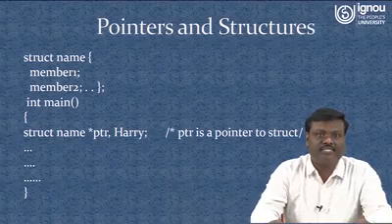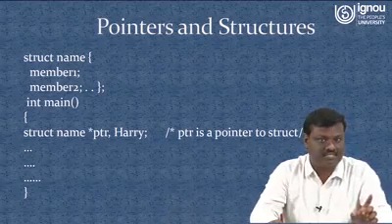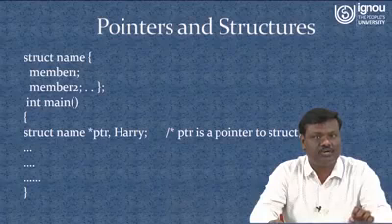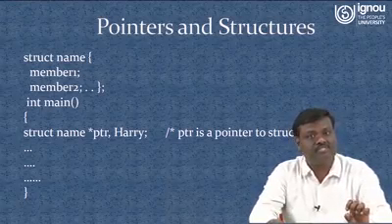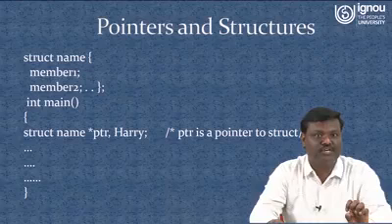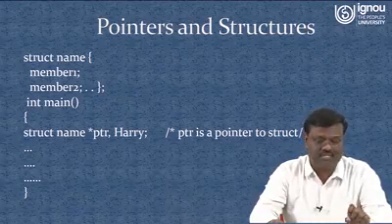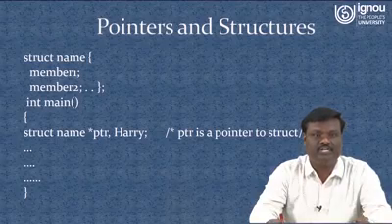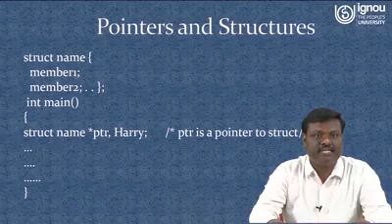Then comes pointers and structures. While discussing the structures concept, I told you that you can access the members of structures using pointers. Or you can directly access the structure variables also using pointers. Here is a simple example. The syntax is given as struct name, member 1, member 2 of the name structure, then int main.